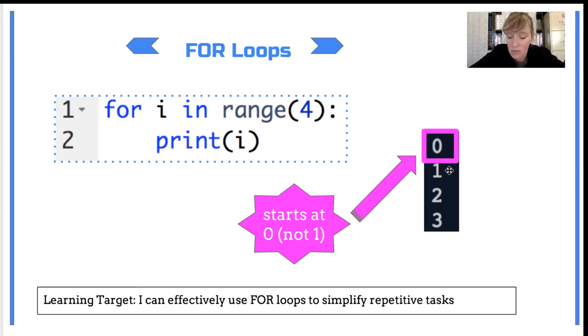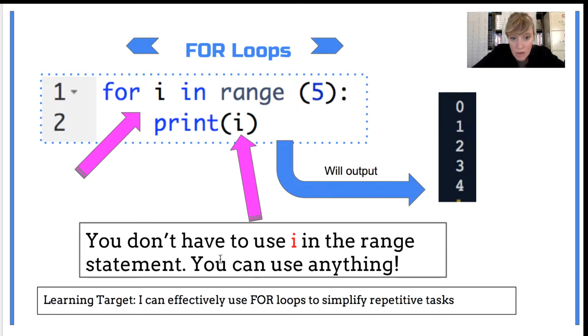There are two numbers that you have to get used to in a for loop: the value of the iteration variable as it goes through, and the range value. The range value tells you how many times the loop will run. So this loop will run 4 times, and each time it runs, it's going to give you the value of the iteration variable as it goes through.